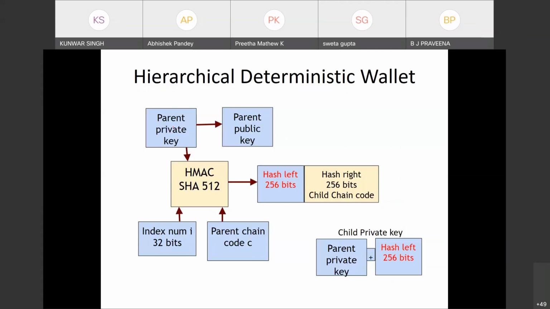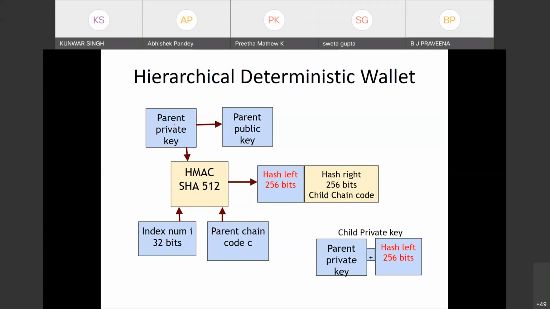You have the parent private key and then the public key. Hash, and then you have the index number, and the parent chain code is required. You hash it and you get 2 parts. One part is added to the parent private key, and that will be the child private key.